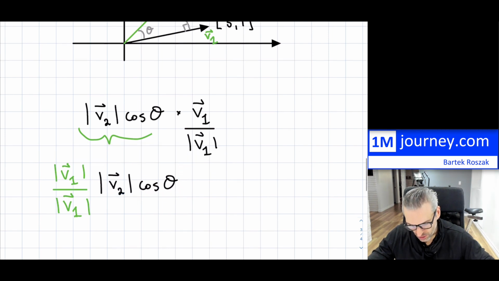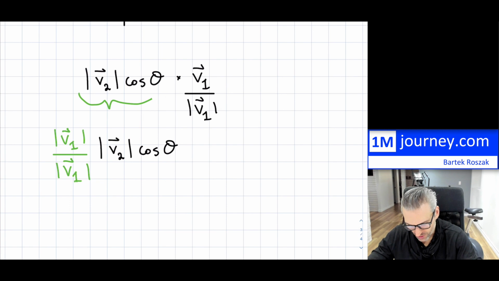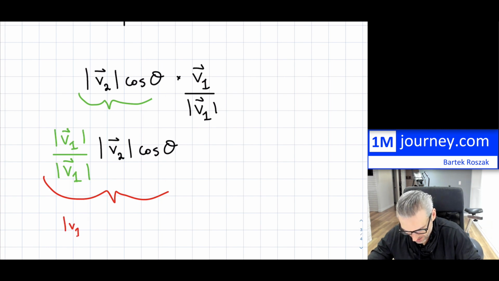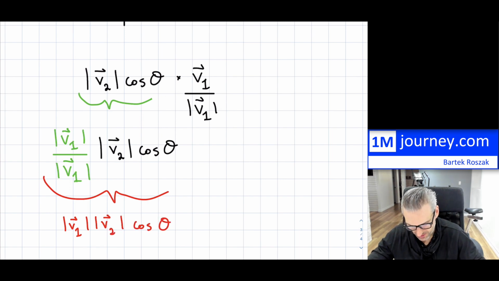Now look what happens here. If I do this right there, I'm going to get v1 magnitude times v2 magnitude times cos theta in between.